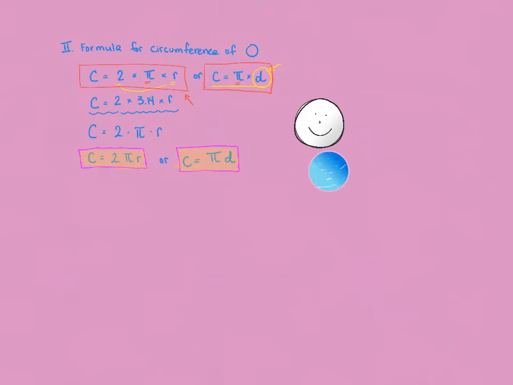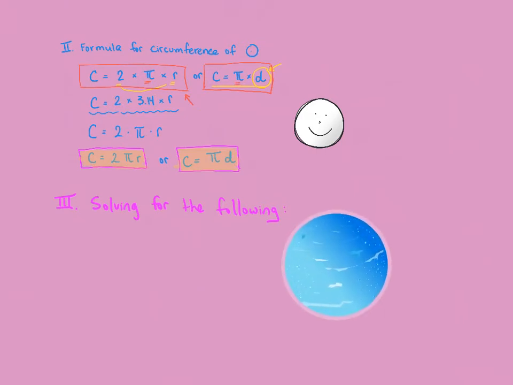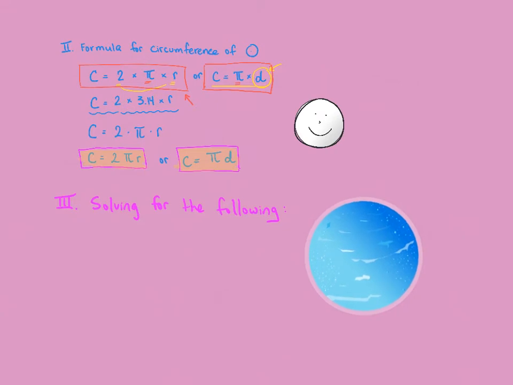So pretend that we're solving for the circumference of the following. Let's write everything down. So part 3, let's say the directions are to solve for the following. And let's say that we are using this symbol here, this planet. Looks like maybe a Neptune.